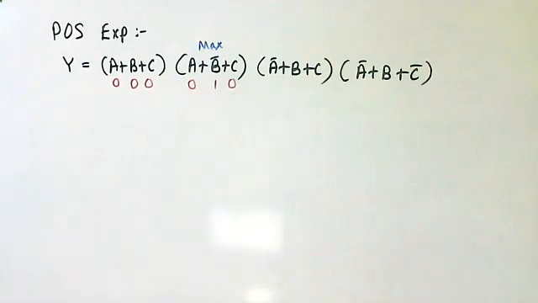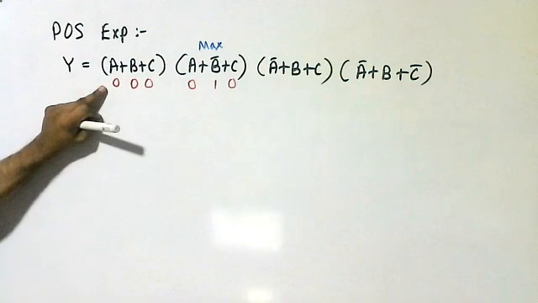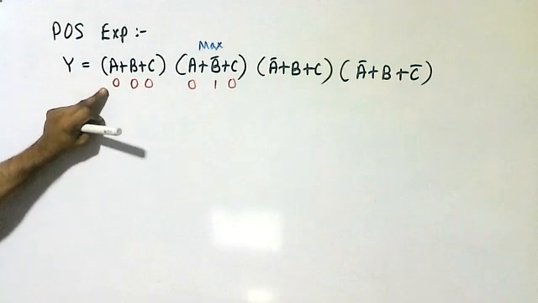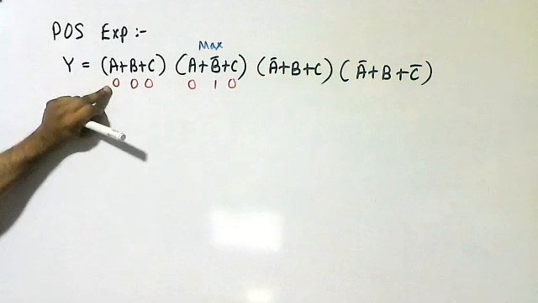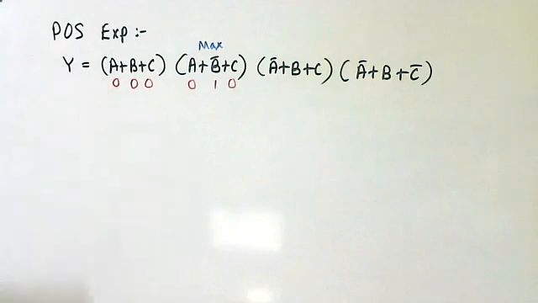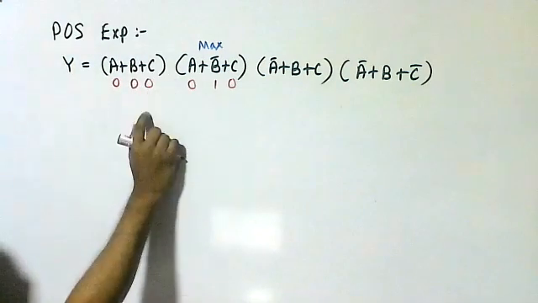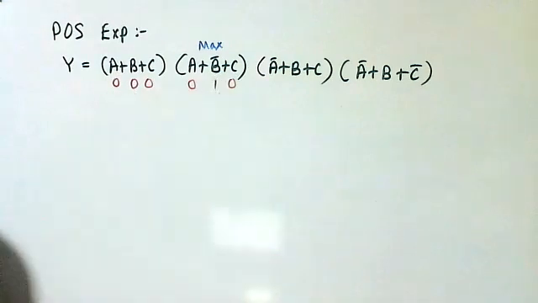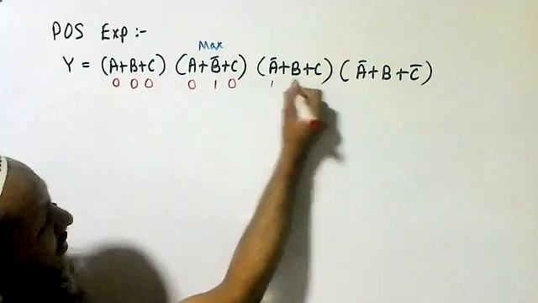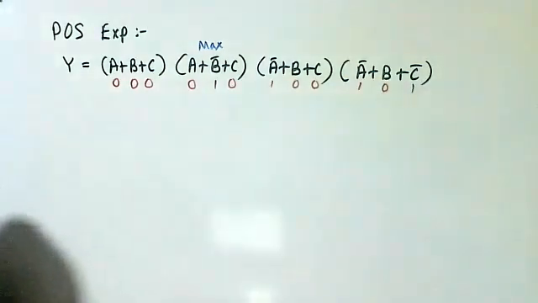Hope you can remember that. In sum of products, the direct variable is 1 and the complement becomes 0. But in a POS expression, the max terms, the direct variable is 0 and the complement is 1. Clear? So here 1, 0, 0. Here 1, 0, 1. Is it clear, students?